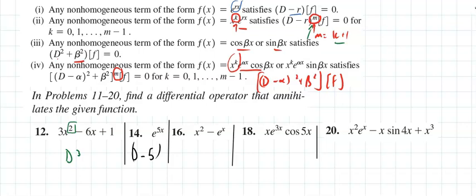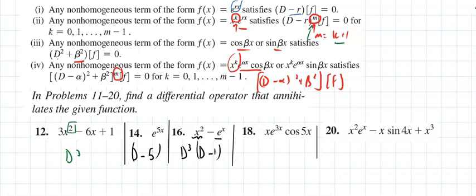That will zero that out. Now for this, it's d cubed because it's a quadratic. And for this, it's d minus 1, and if you multiply those, that's how you zero those out.